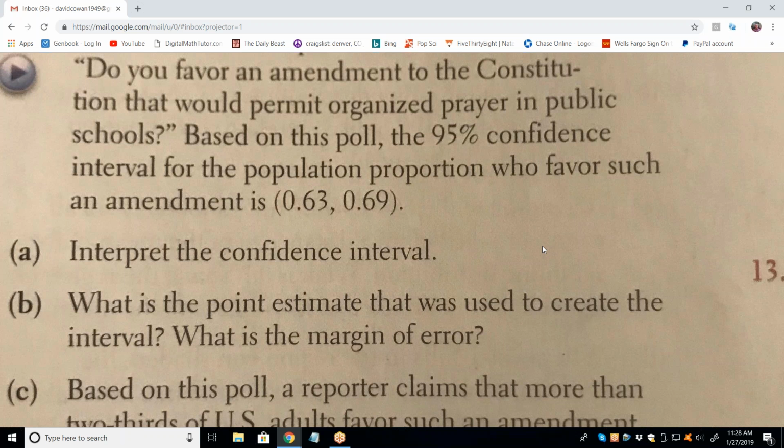Obviously, if you were to go out and only talk to one person, that person's either going to be for or against, right? If you talk to 10 people, you might get 5 that were for, 5 against. But if you talk to 100 people, how many are going to be for it and how many against?